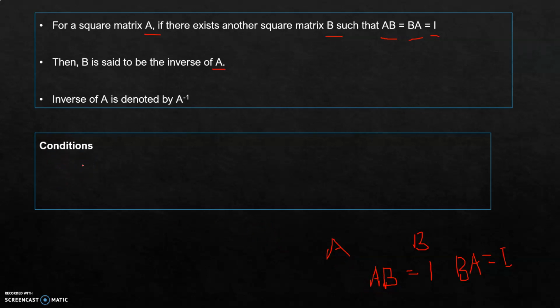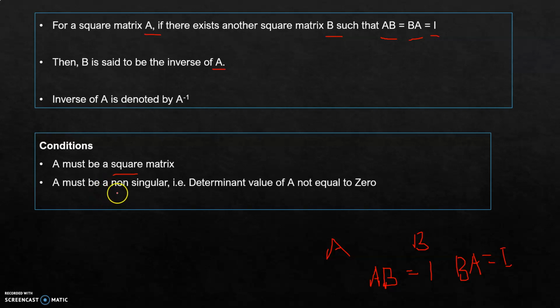Mainly there are two conditions. One, A must be a square matrix. There will be an inverse only for those matrices which are square matrices. Two, the matrix A must be non-singular. Non-singular means the determinant value of A is not equal to 0.